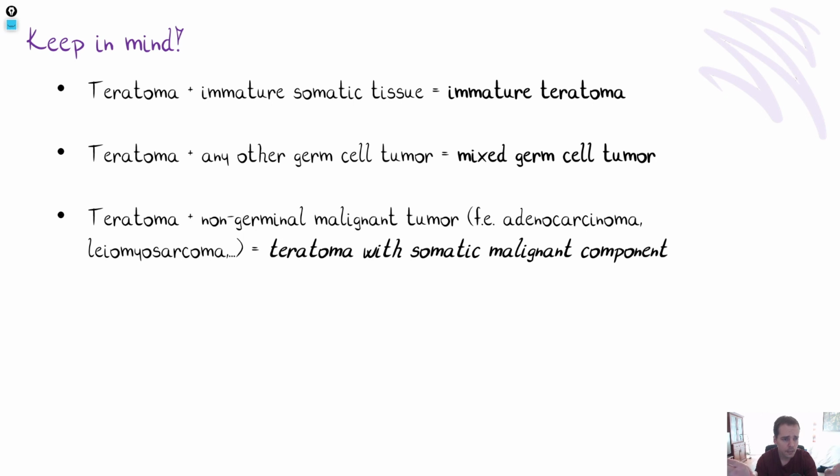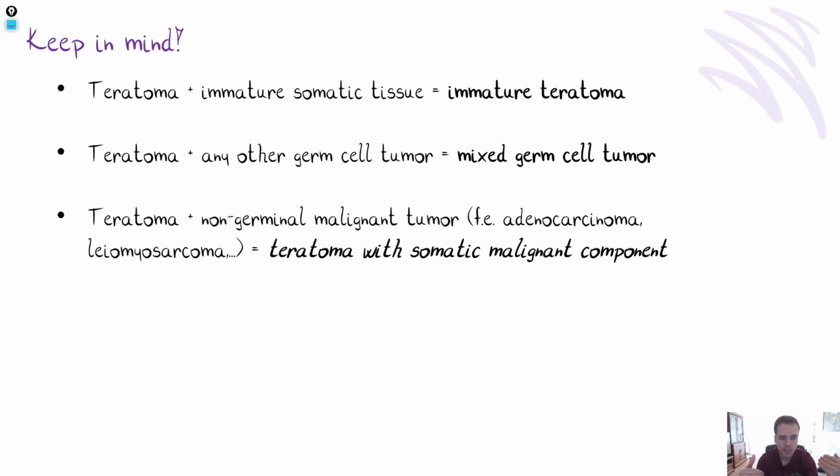But sometimes the teratoma can be mixed with other germ cell tumors. So there can be teratoma plus seminoma, for example, or teratoma plus embryonal carcinoma. So teratoma plus any other germ cell tumor. This is not immature teratoma. This is mixed germ cell tumor. So it's something different.